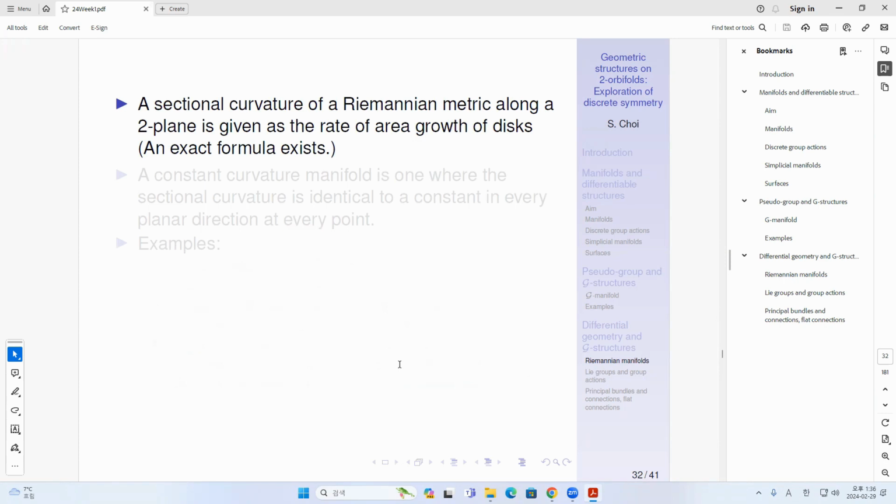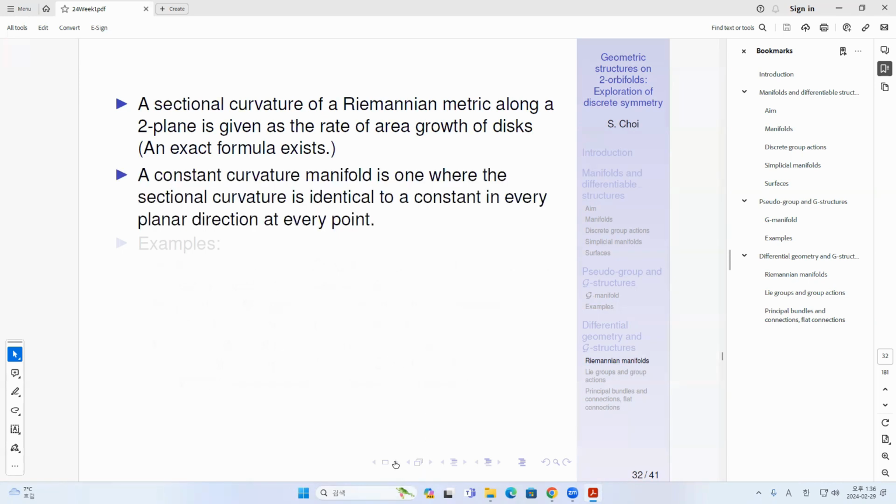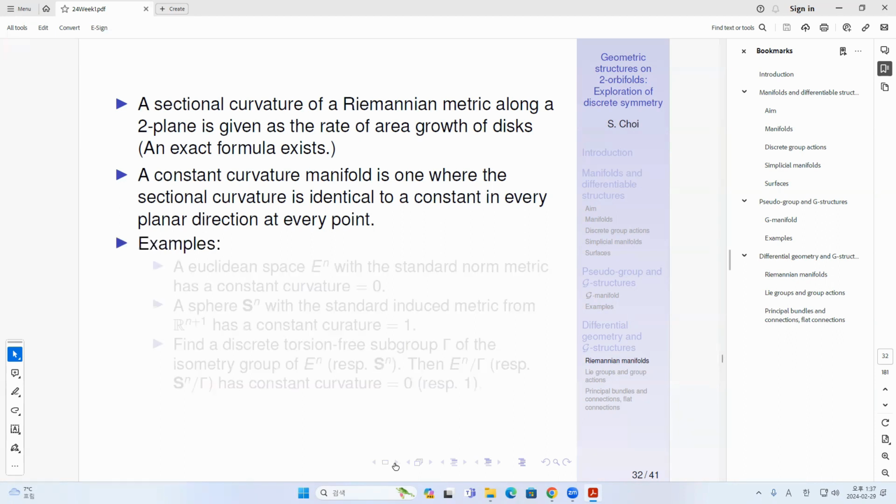The sectional curvature of a Riemannian metric along a two-plane is given as a rate of area growth of disks. So you can consider sectional curvature by taking some two-plane and seeing how the area grows with respect to these disks. A constant curvature manifold is one where the sectional curvature is identically a constant in every planar direction at every point.